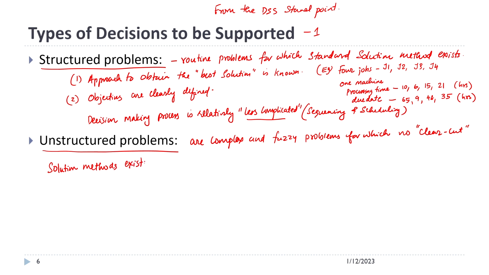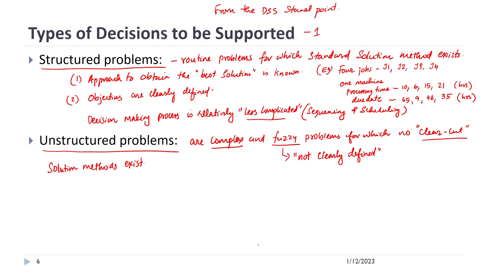So, these problems are complex, number 1, and fuzzy. Fuzzy, in another way, you can think of as not clearly defined. It is not fuzzy logic, they are just not clearly defined at this point, and no clear cut solution methods exist.